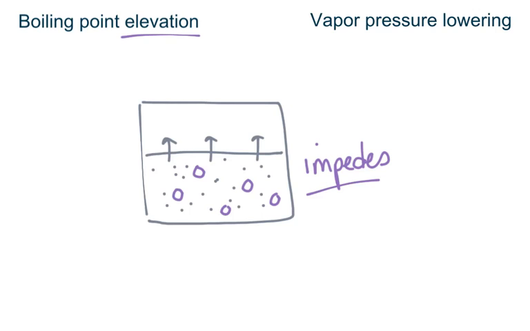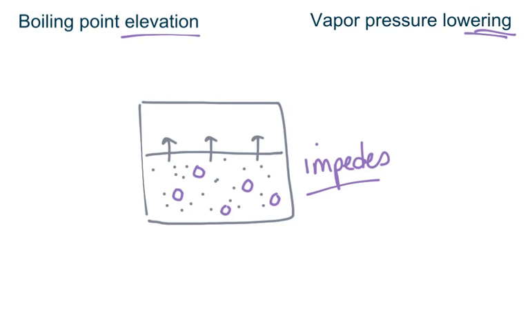Again, very simplistic explanation, but those solute particles get in the way. This also leads into why vapor pressure is lowered. Because same thing, you add in those solute particles, less solvent particles are going to the gas phase, so the vapor pressure is lowered.